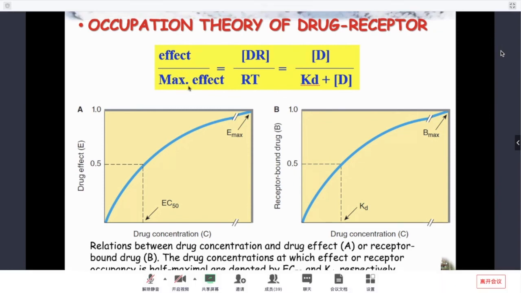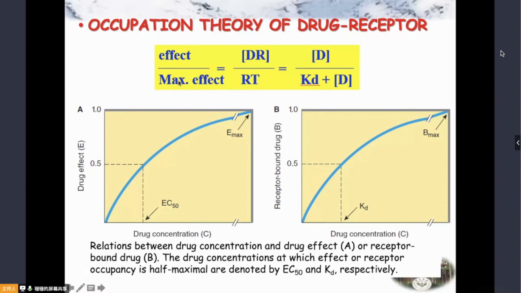So this is Emax. So the E and Emax ratio will equal here. That's why, from the photograph below, you can see the drug concentration binding curve is similar to the drug concentration effect curve.